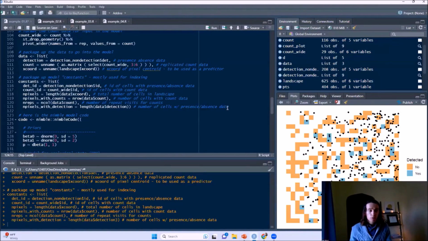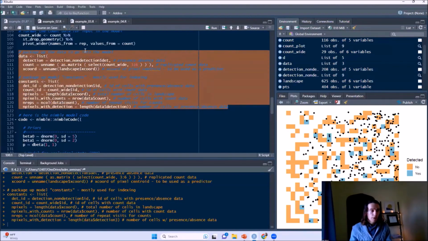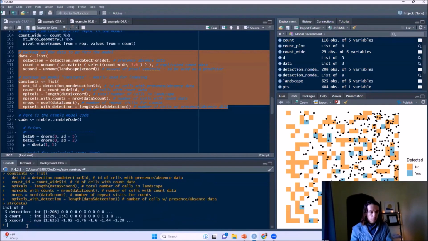The first thing that we have to do when we're using Nimble is package up our data and what are called constants to be used in the model. So I will run this and then we will look at those. First, this data list. This is a list of 3 data objects we'll be using in our model. We've got this detection object, which is a vector of our presence absence data.